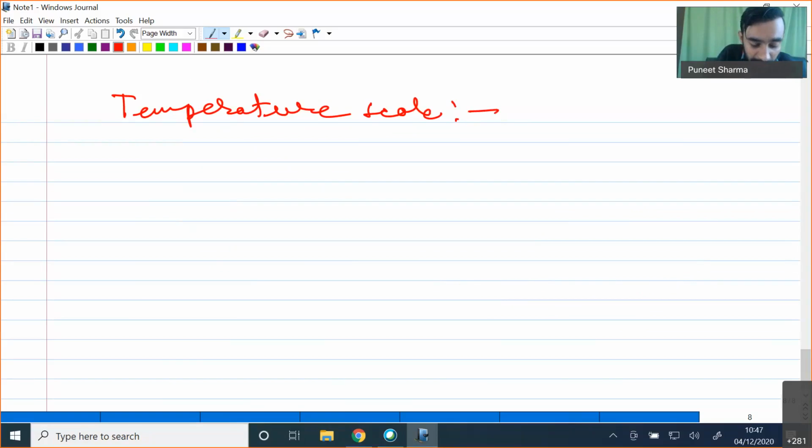Okay, so for this, if we see the different scales of measurement available, we have degree Celsius as a commonly used scale of temperature measurement in SI units, and corresponding to degree Celsius, the absolute scale of temperature is Kelvin. Then in our engineering system of measurements, we have Fahrenheit as the scale of measurement, and corresponding to that the absolute scale is the Rankine scale.